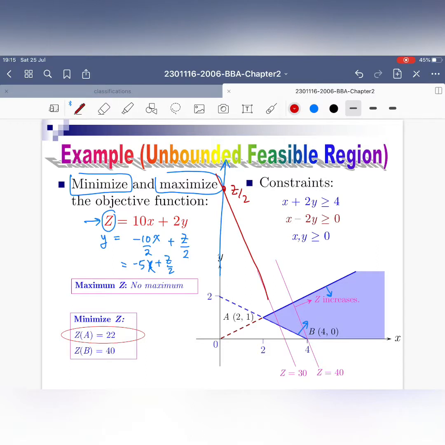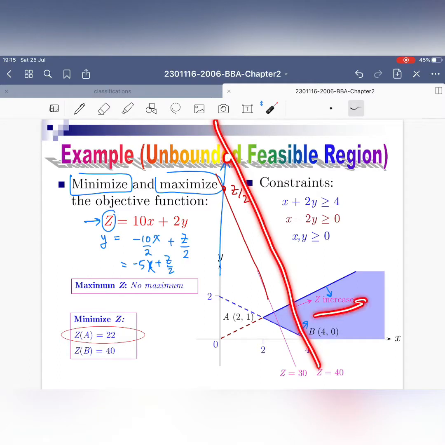And if you move it along the feasible region, so you move it up here, for example, then your z is more, right? And because your feasible region is unbounded, you can keep moving your objective line away. So you can do more and more and more.